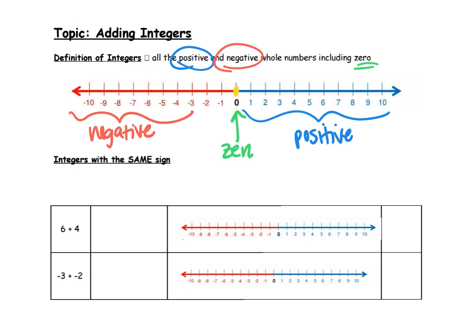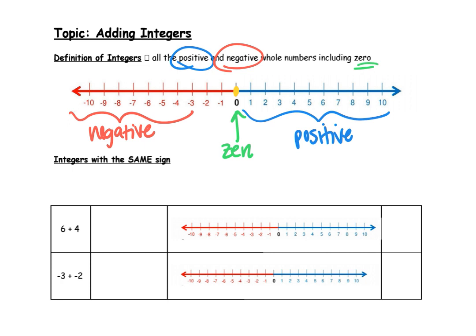And the same thing happens in the negative direction. When we move to the left of 0, we're getting further away from 0 and we're gaining more negatives. So negative 8 is more negative or further away from 0 than negative 3.